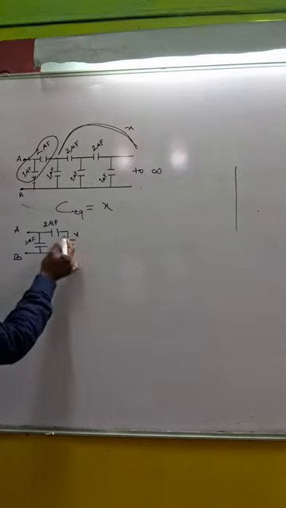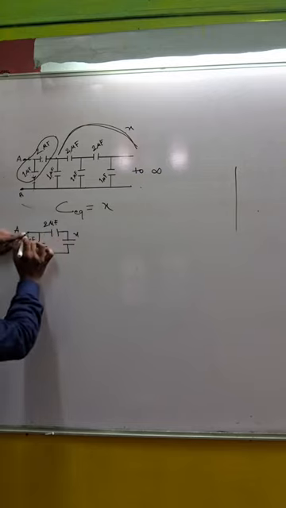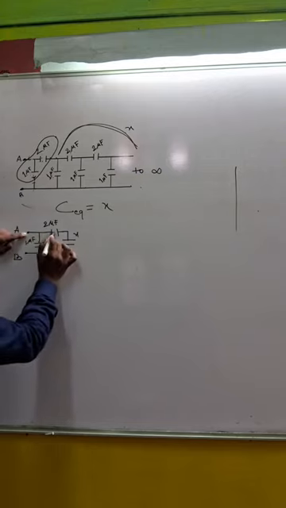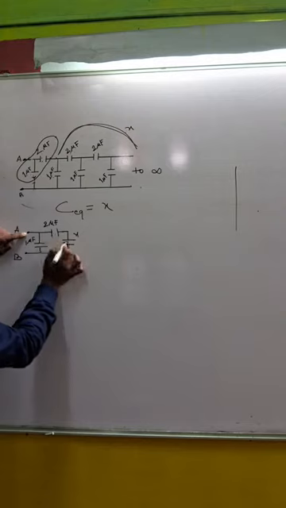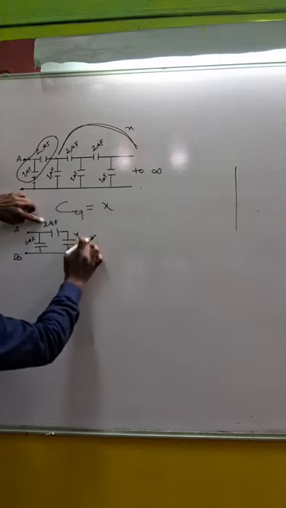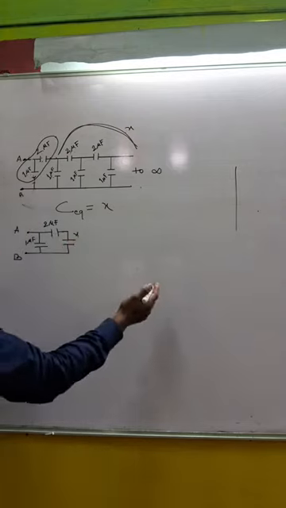Now you see X and 2: the same charge flows across this and this. That means X and 2 are in series connection.